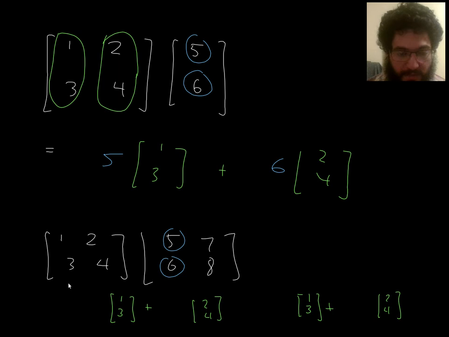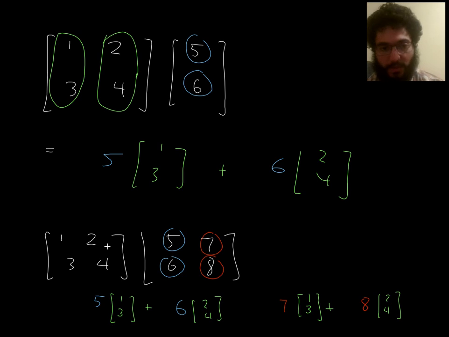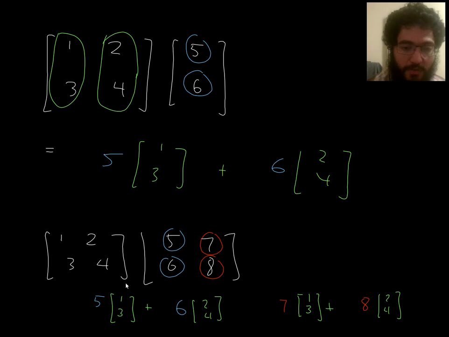So first act using this matrix, act upon this column, and you get this linear combination here with these chosen as the coefficients, and then go ahead and do it with this column, so then you would get this with these coefficients. Right? So this matrix on the blue is this, matrix on the red is this, and then make those the columns of your new matrix.